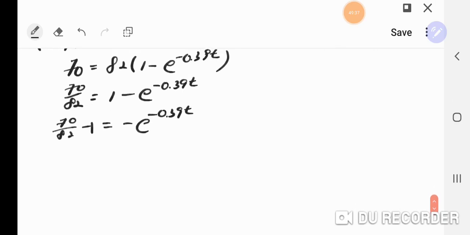Then this is equal to, 1 is 82 over 82, so it will be negative 12 over 82. Sorry.